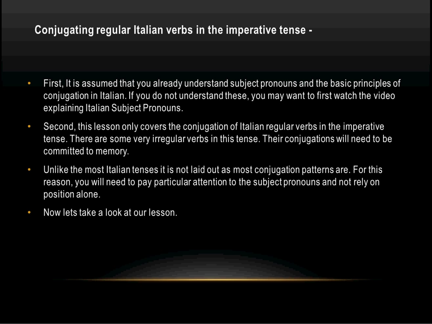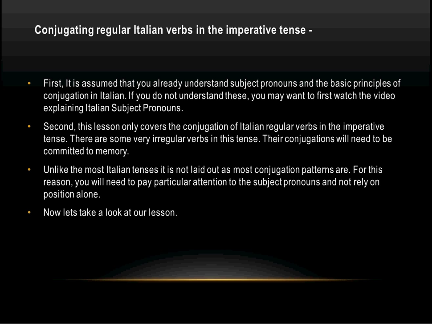Also, unlike most Italian tenses, it is not laid out as most conjugation patterns are. For this reason, you will need to pay particular attention to the subject pronouns and not rely on the position alone. In other words, first, second, third person singular, first, second, third person plural. And you'll find out what I mean in a minute.